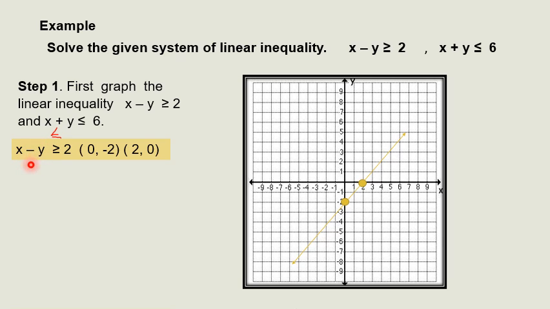Y is negative. If the y is positive, do not interchange the symbol. But if it is negative, we need to interchange the symbol. So it means the shaded part is below the line here and here.